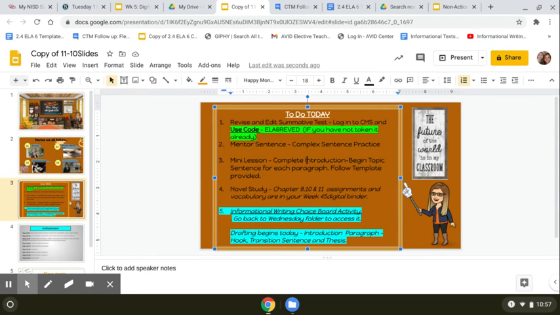Okay, and I'll show that to you in a second. But I did include a slide in there for you where you will type over the sample that's there, and you will input your material, your answers, your information, your research notes that you have combined in crafted paragraphs. Okay, so I wanted to point that out to you.